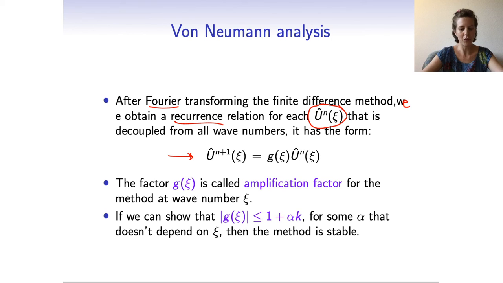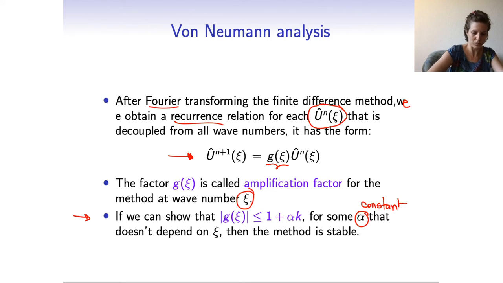So now we are looking at our finite difference method in the Fourier space, and it has this form here, and this G of psi is called the amplification factor for the method at wave number psi. If we can show that this amplification factor is bounded by 1 plus alpha k for some constant alpha that doesn't depend on psi, then the method is stable.